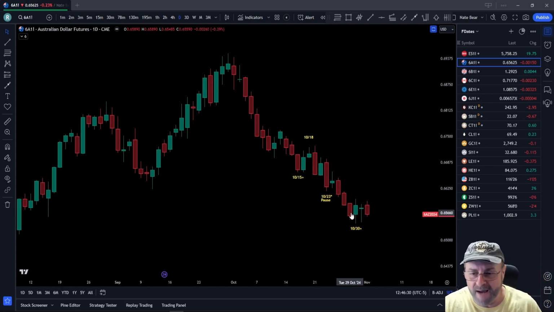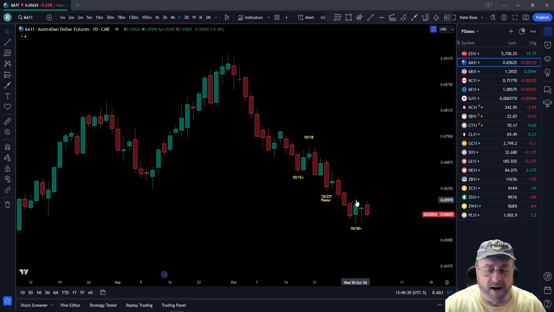So what happened in 1030? An outside bar, right? What is an outside bar? It's a possible, potential swing top, potential swing bottom, both, right?